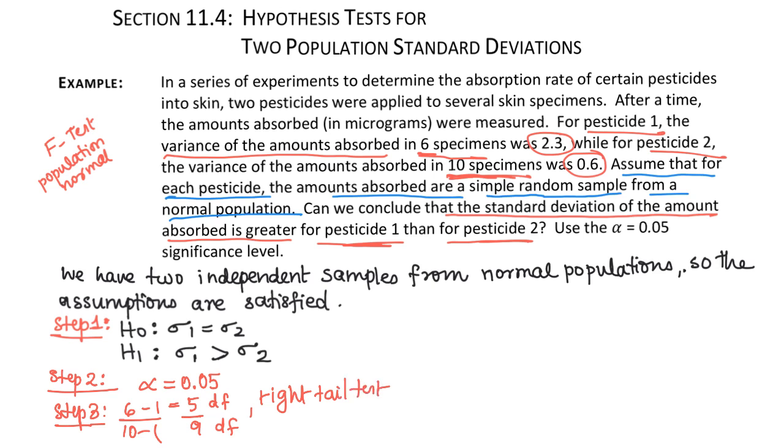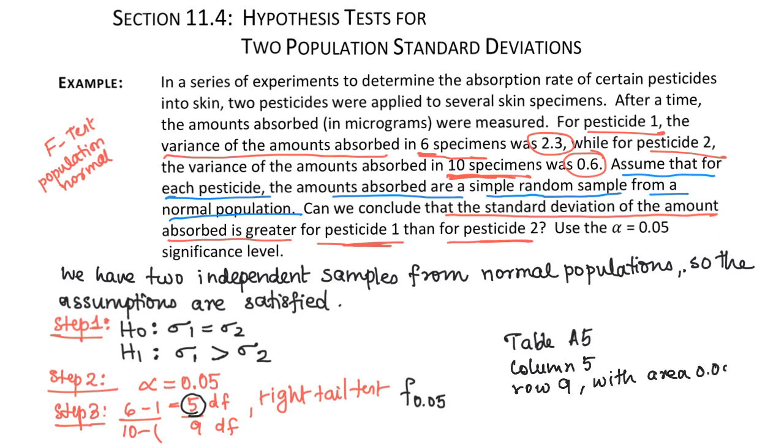And from the table, find F of 0.05. On table A5, look at the column that is 5, and the row 9 with area 0.05, and we will see that this is the critical value, equal to 3.48.